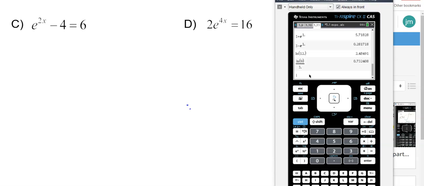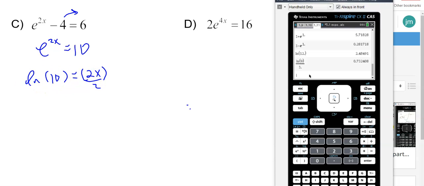Try these. So before I can put this into natural log form, I want to move that over. I want to isolate, get it into exponential form. So e to the 2x equals 10. Now I can do this. So it'd be natural log, base e, I don't have to write that, of a number equals a number. The exponent goes on the other side, and 10.